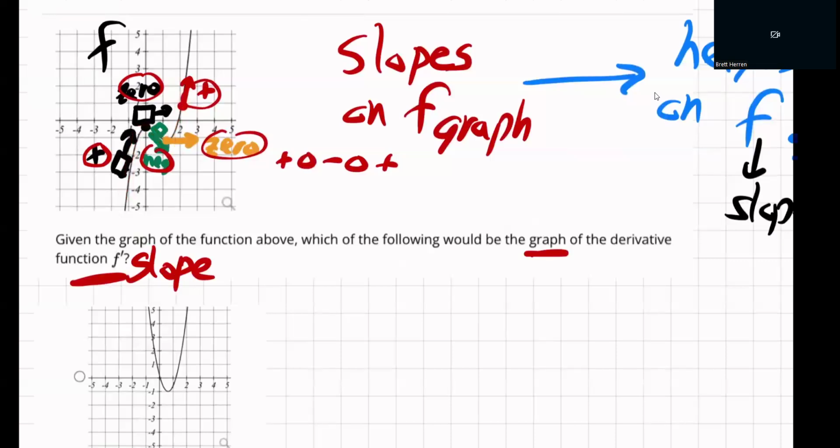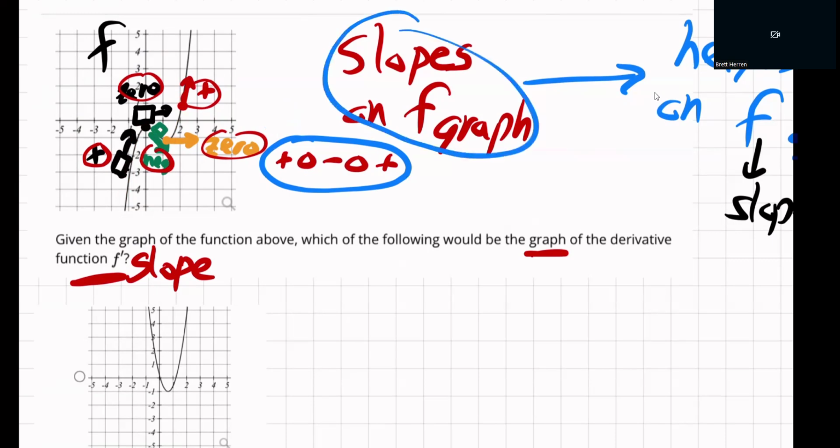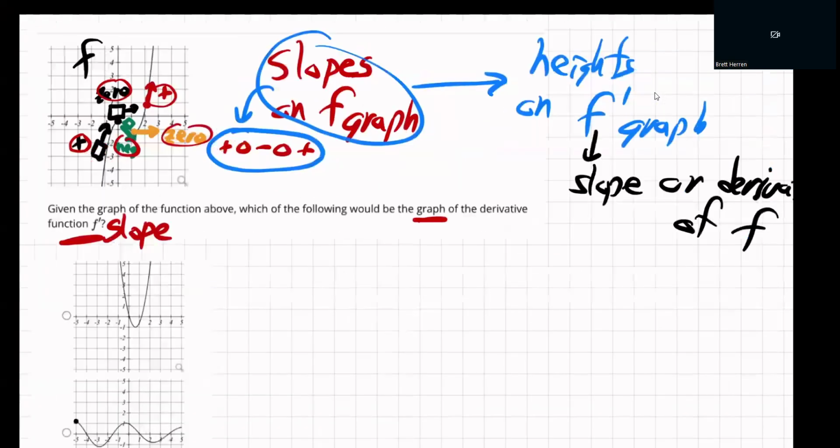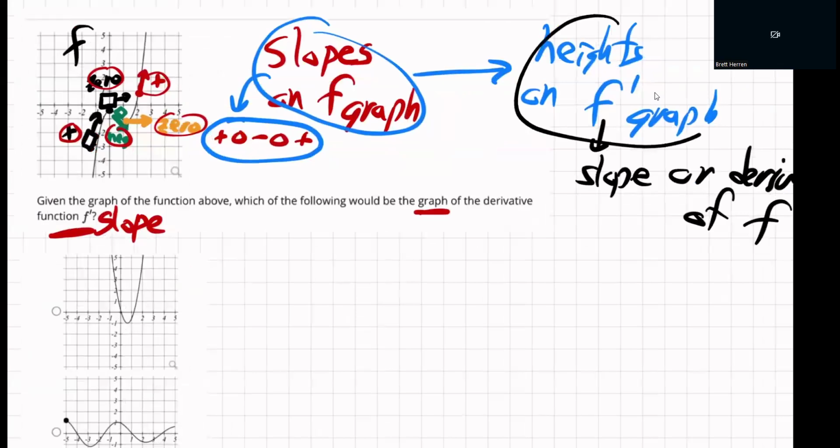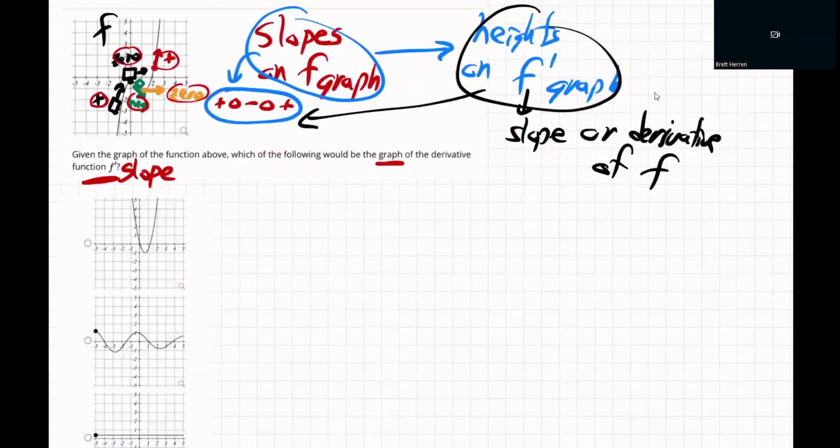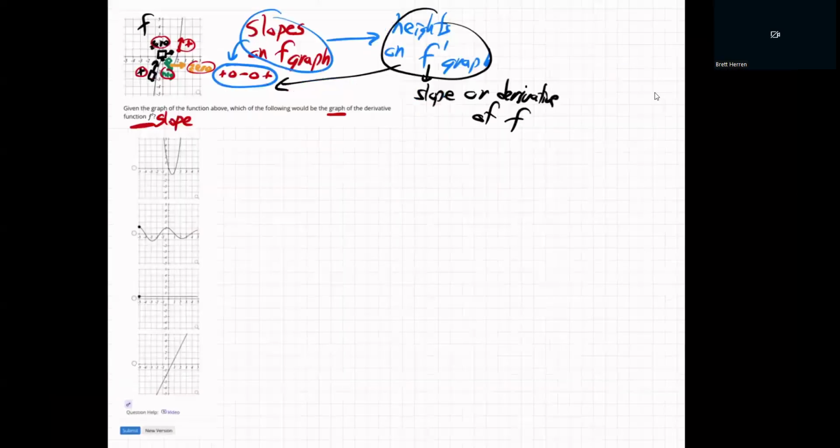So these are the slopes on the f graph, aren't they? Which means they are also the heights on the f prime graph. In other words, if one of these four is the correct f prime graph, how's that going to work?